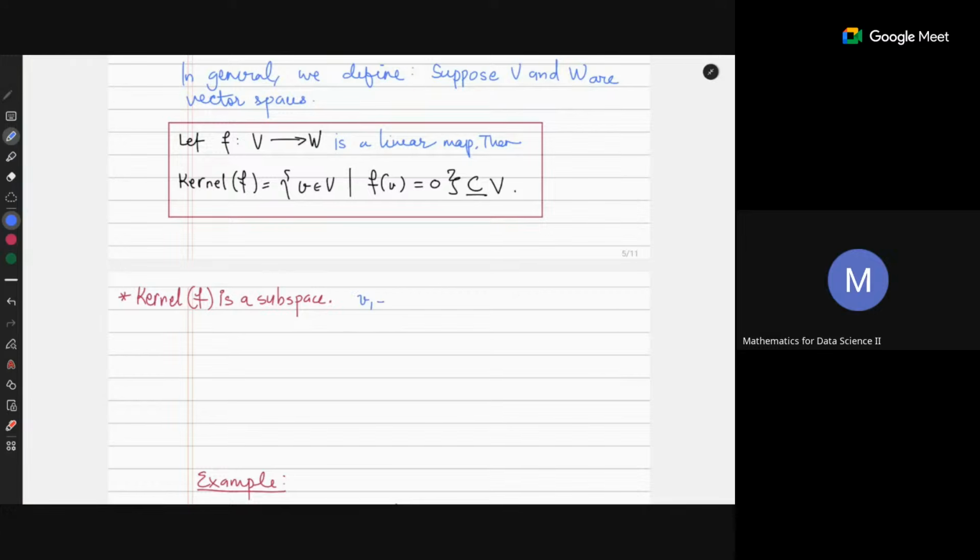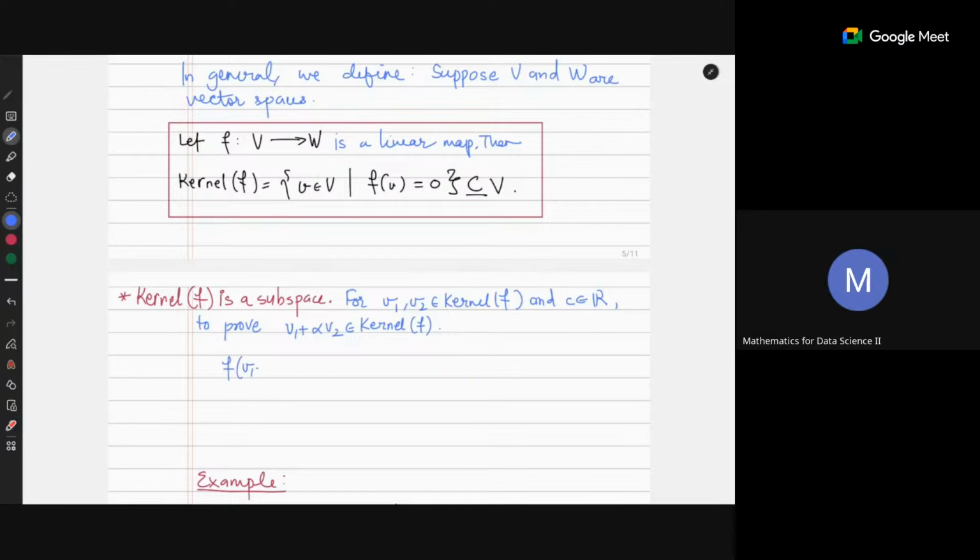I need to check v1 plus alpha v2, for v1, v2 in the kernel of F and alpha in R. Prove that v1 plus alpha v2 is also in the kernel of F.